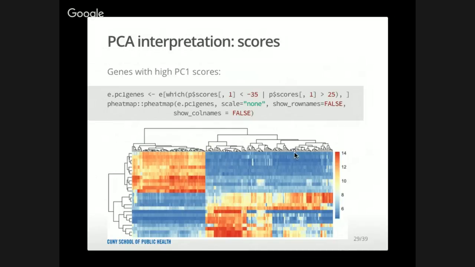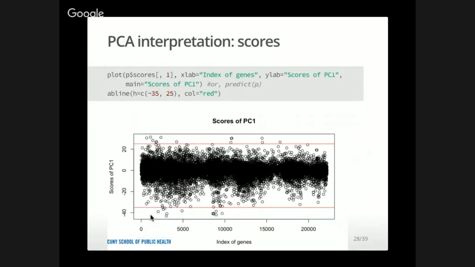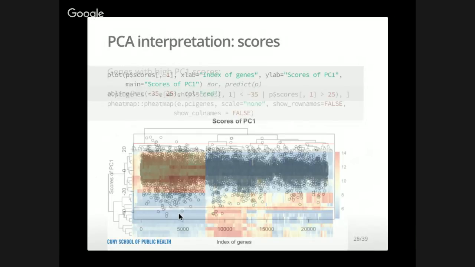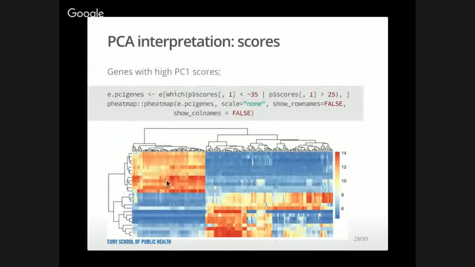So as to the question of which of these are the positive and which are the negative scores, I noted here that the negative scores are making a stronger contribution. I noticed that these have much better correlation. They're much more tightly correlated than these, which tells me that these should be making the stronger contribution to PC1.